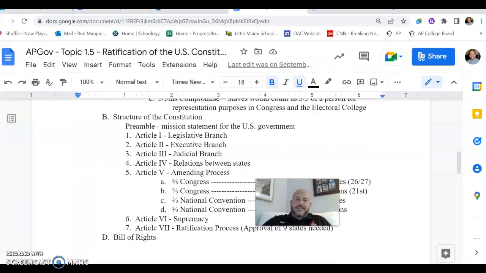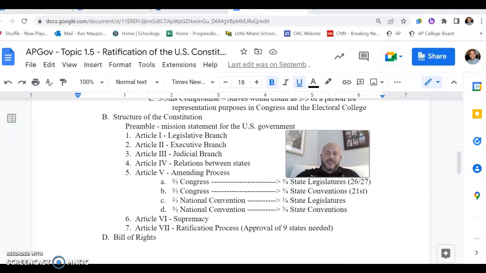Now, once we get past the preamble, then we do start to get into the nuts and bolts of the framework for the Constitution. Articles 1, 2, and 3 are focusing in on the branches of government, your big three. You'll see here that Article 1 is focusing in on the legislative branch. That's talking about Congress, so it's primarily talking about the powers of Congress.